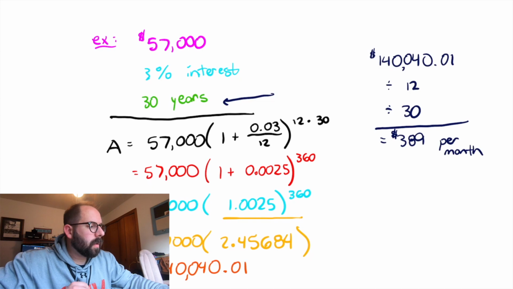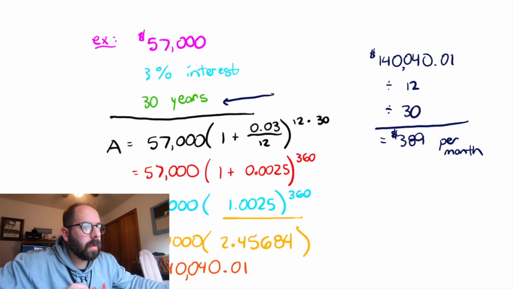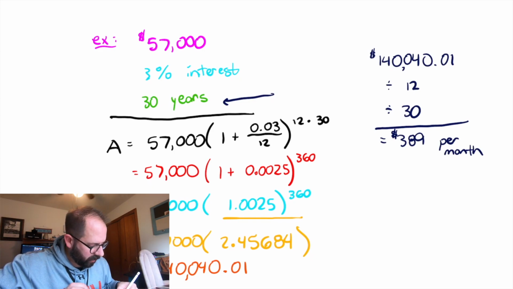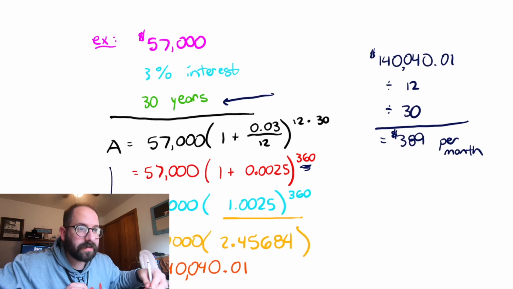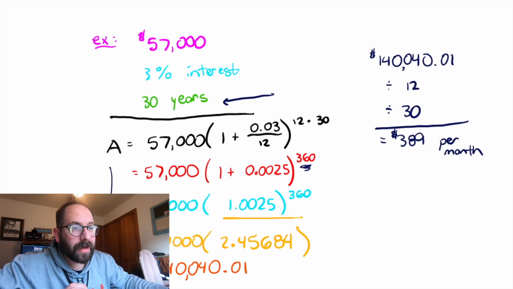Or is divided by 12, divided by 30 the only way? Well, the easiest way, once you have your number here, this digit, you could divide just by this number, by the 360. That'd be the shortcut. But you have to do the calculation. You have to figure out what your total is first. You could ballpark what it's going to be.